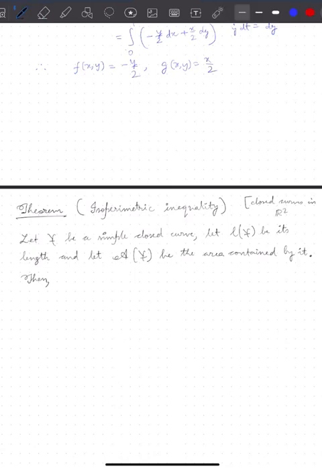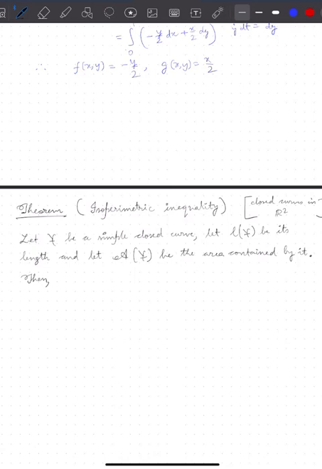Of course, we cannot define a generic simple closed curve which defines some sort of area in 3D, in general, like the area bounded by a simple closed curve in R3.